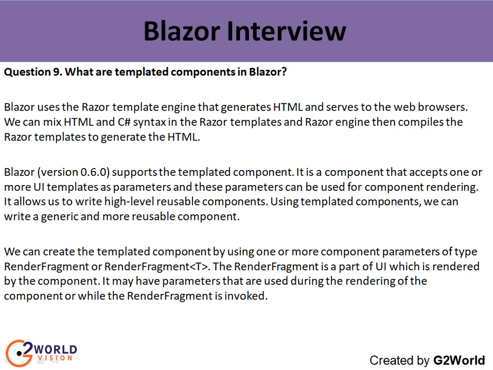We can create a templated component by using one or more component parameters of type RenderFragment or RenderFragment of T. The RenderFragment is the part of UI which is rendered by the component. It may have parameters that are used during rendering of the component or while the render fragment is invoked.